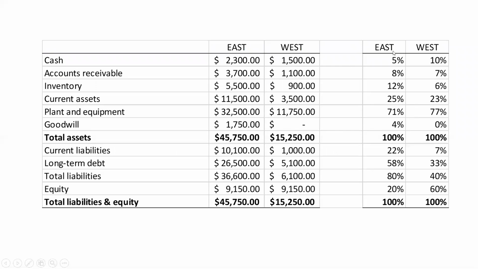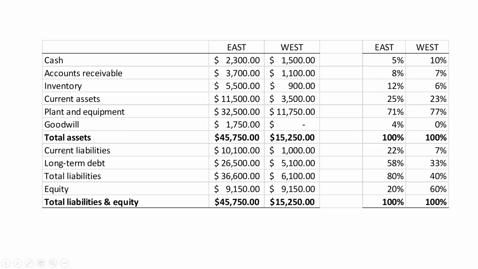Comparing here, for example, starting with current assets, we can see that current assets are 25% for East and 23% for West. One measurement we use is working capital, which measures the liquidity position of the companies. Working capital is the difference between current assets and current liabilities.